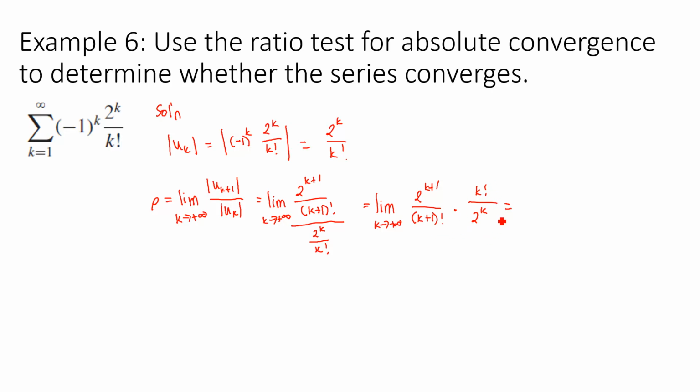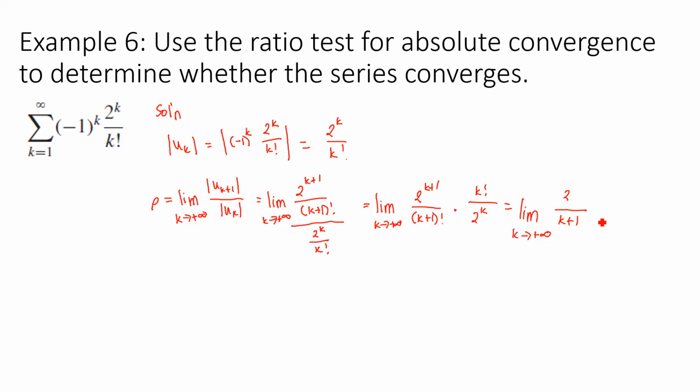So what remains is the limit of 2, because this one can be expressed as 2 raised to k times 2, and this one can be expressed as k plus 1 times k factorial, over k plus 1, as k approaches positive infinity.